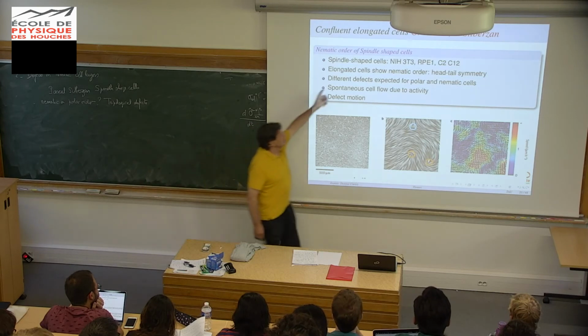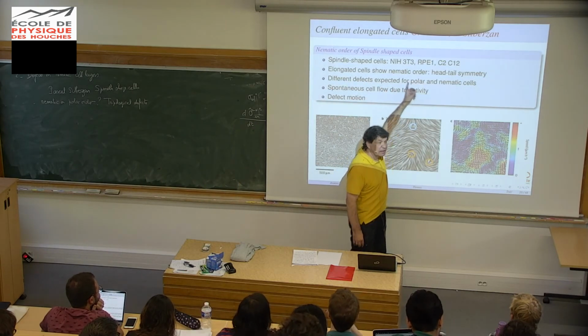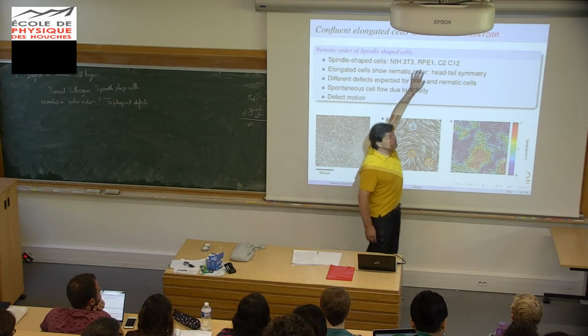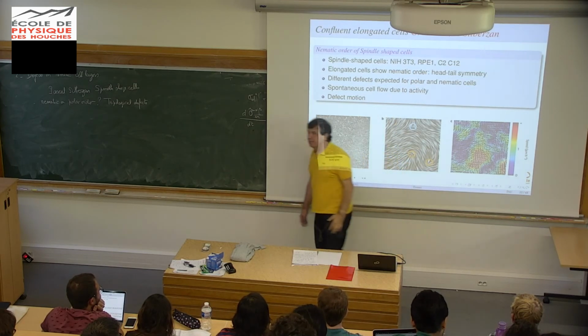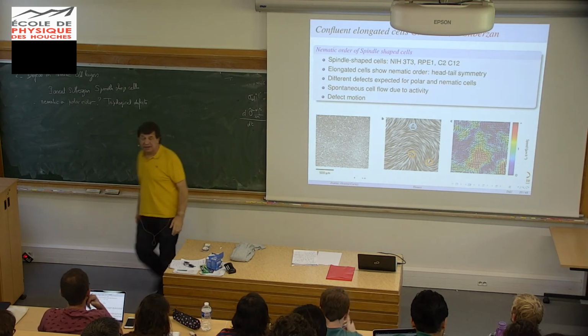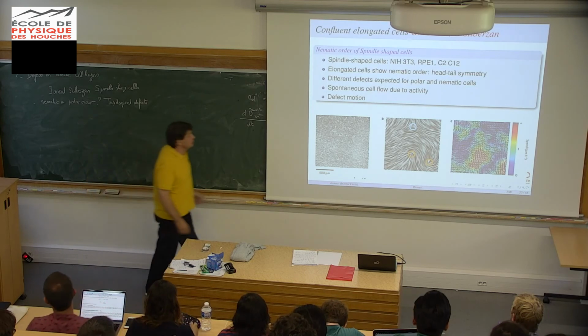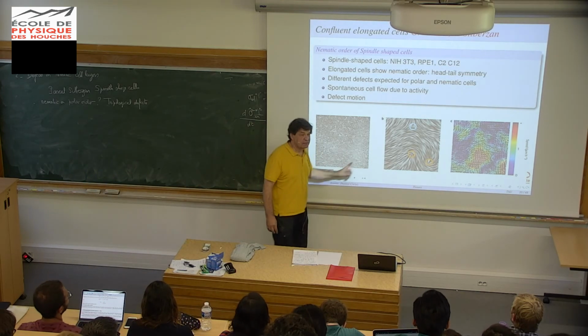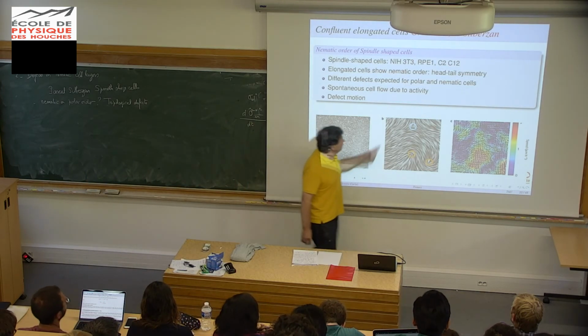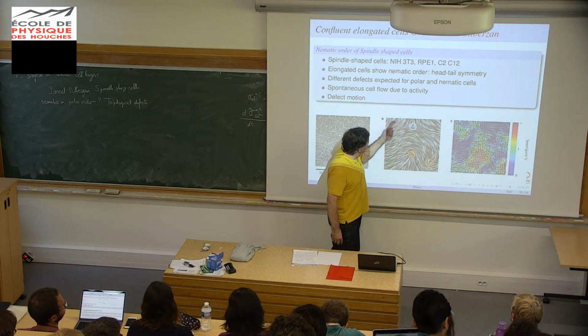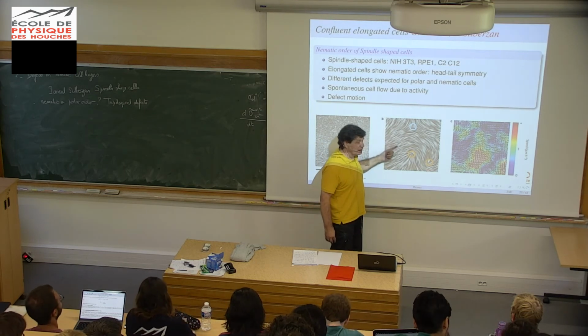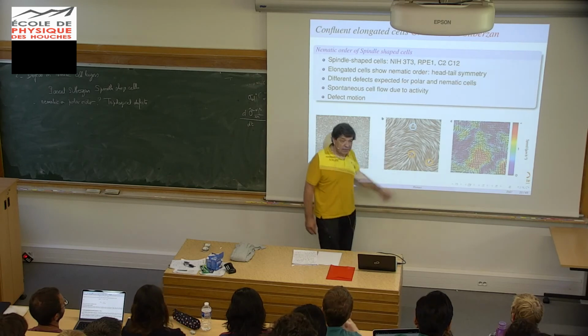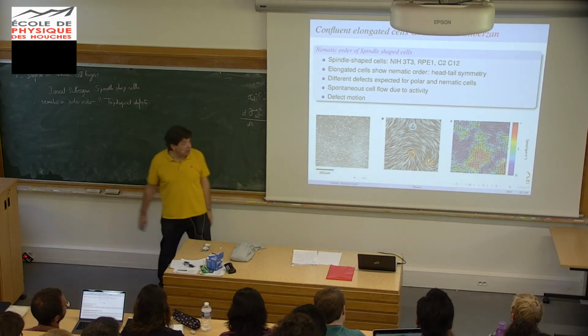There is a list of cells here that he has used and which are all elongated. The one which he mostly uses is this one, RPE1, which are retinal cells. Now if you look with a small magnification, this is what you see. And if you magnify, you see that there is this order that appears here, and all the cells are parallel. They are strongly elongated and they are parallel.